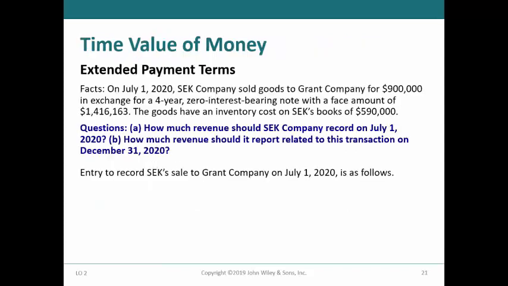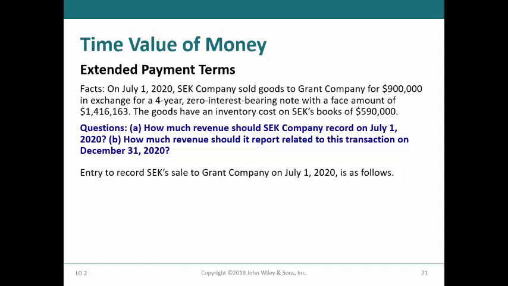To illustrate a contract with extended payment terms, we will consider SEK Company that sold goods to Grant Company for $900,000 in exchange for a 4-year zero interest bearing note with a face amount of $1,416,163. The goods have an inventory cost on SEK's books of $590,000.